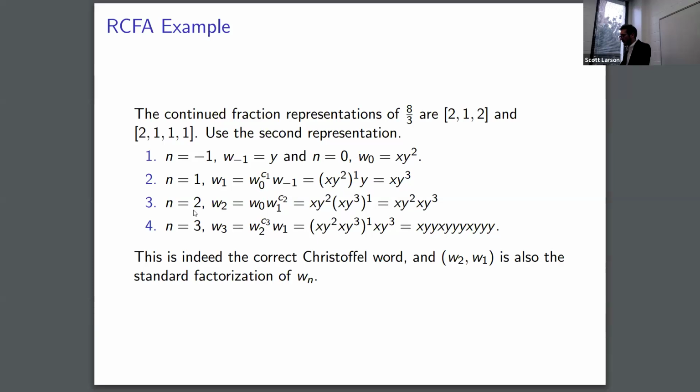Here for the even, you just flop the order of which previous convergent you use. So you use W0, then W1. You can notice here that the W sub even stay on the left, and the ones that are odd stay on the right. So this will always be W sub an even number, and this will always be W sub an odd number.